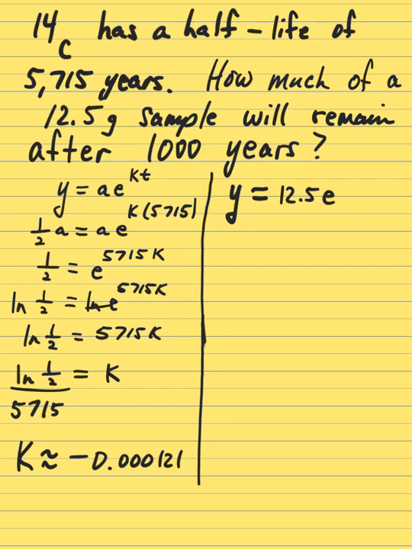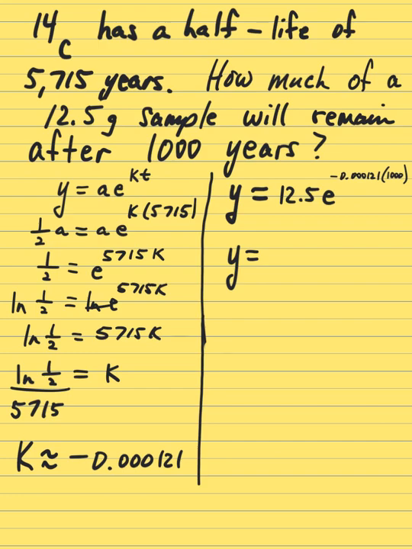So the k value is negative 0.000121, times 1,000. We had to figure out how fast this thing decays before we can determine a final amount. So that was the first part, finding k, the deterioration rate.